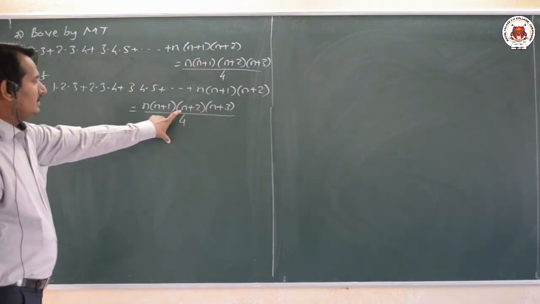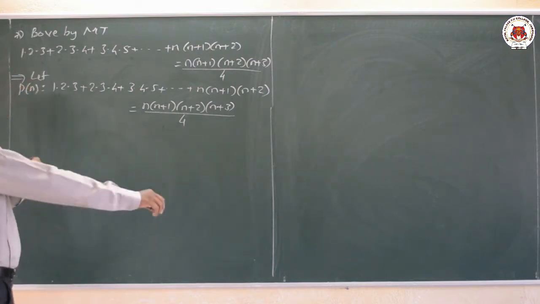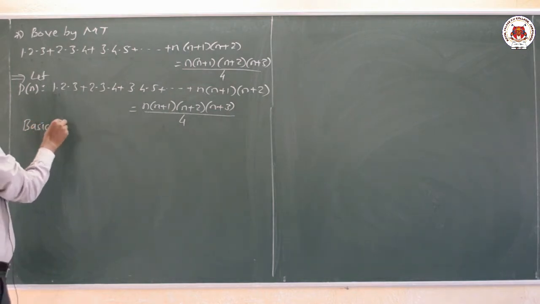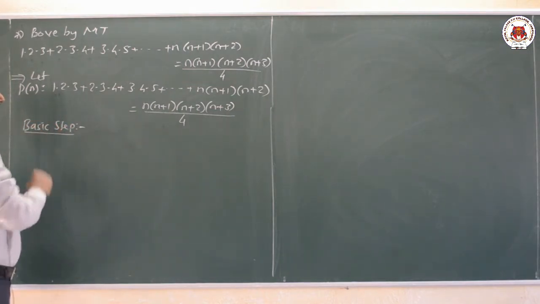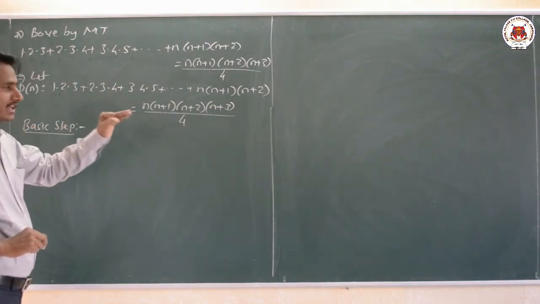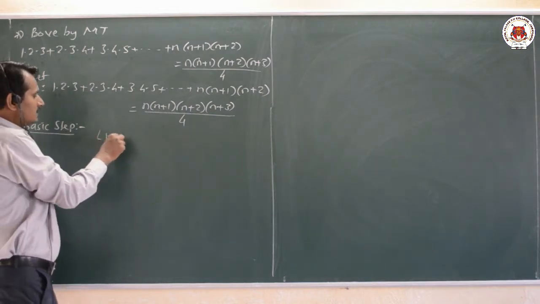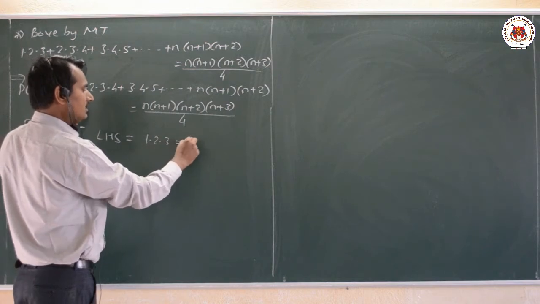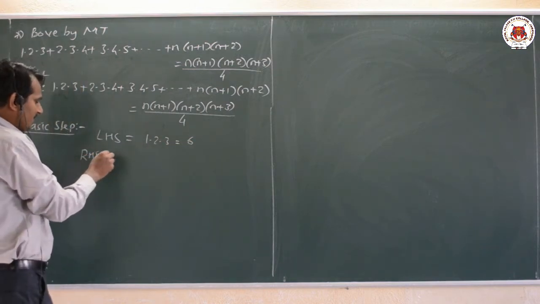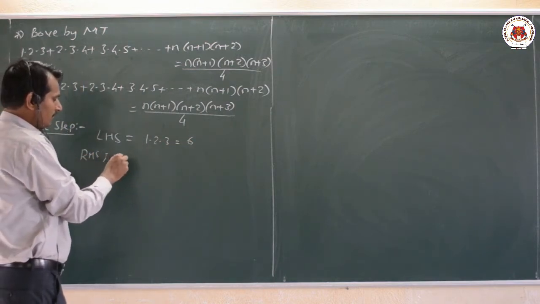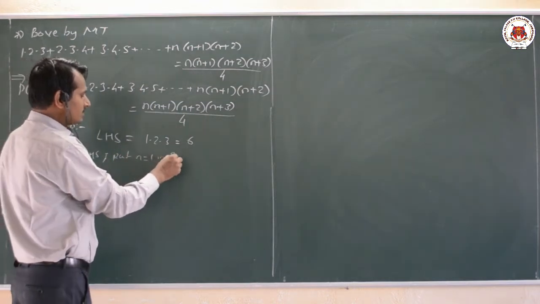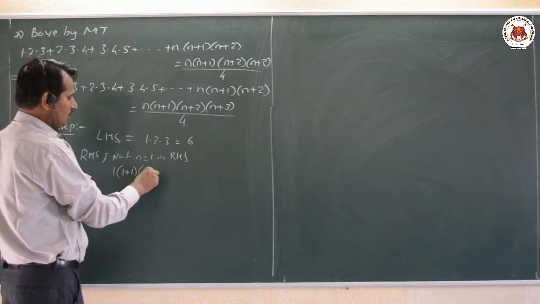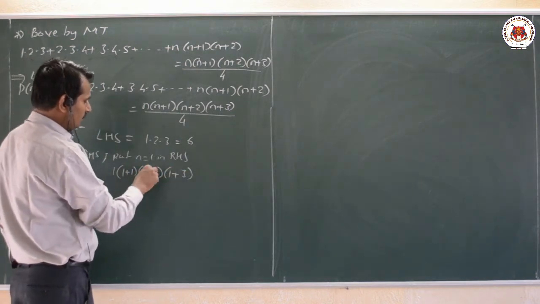Next, how do we require to solve it? Now here we can observe the basic step. What is the basic step? The basic step tells that we have to show that P(n) is true for n equal to 1. So let us take the LHS part. LHS is 1·2·3, that is 3 twos are 6, 6 into 1, that is 6. Similarly the RHS: put n equal to 1 in the RHS. That is 1·(1+1)(1+2)(1+3) whole divided by 4.